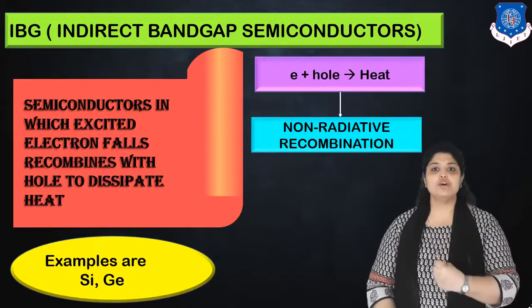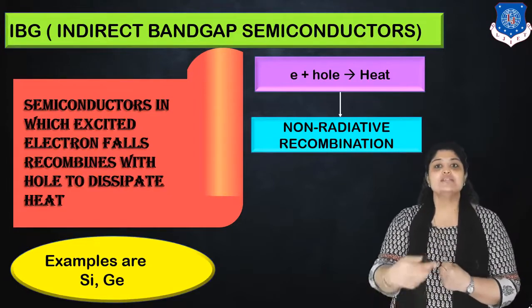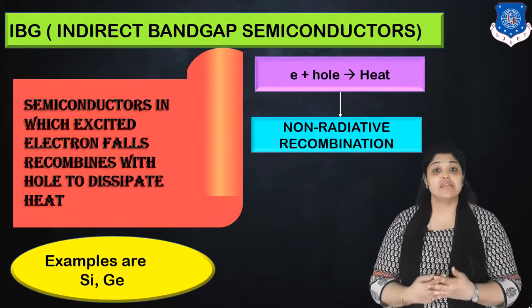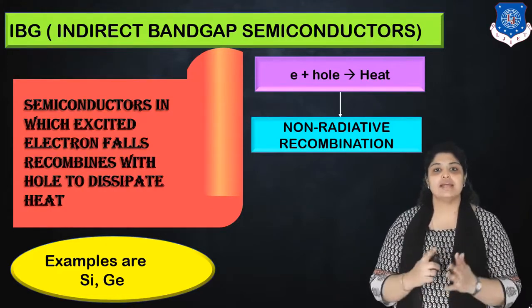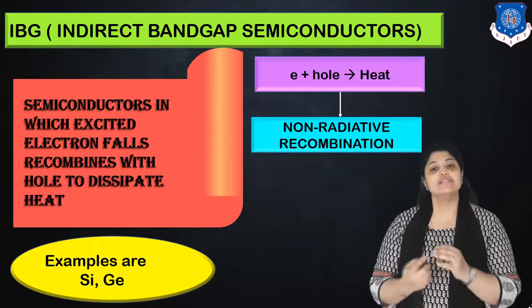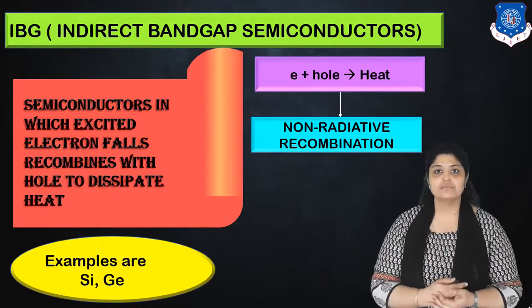Because the output is heat, we say that such semiconductors have non-radiative recombination. That means they do not emit light. Some examples of indirect band gap semiconductors are silicon and germanium.